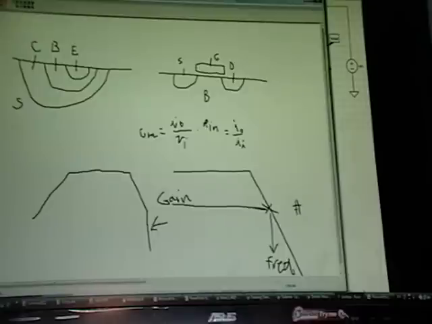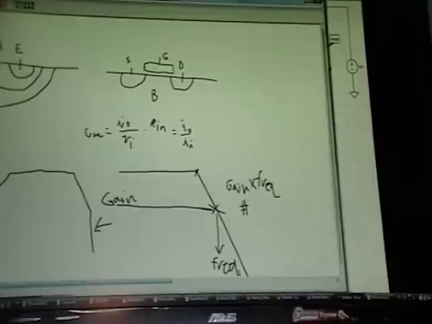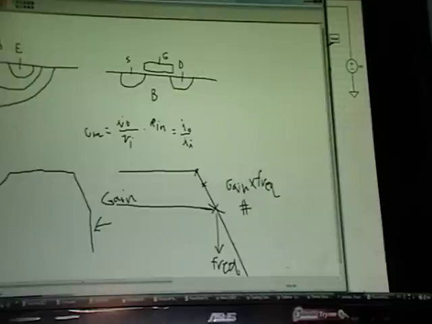So if you multiply the gain times frequency, this is after you've reached this pole here, after you start to drop off. So do the gain times frequency, and that equals some number. And if you pick another point and do the same thing, you'll get the same number. If you pick another point down here, you'll get the same number.